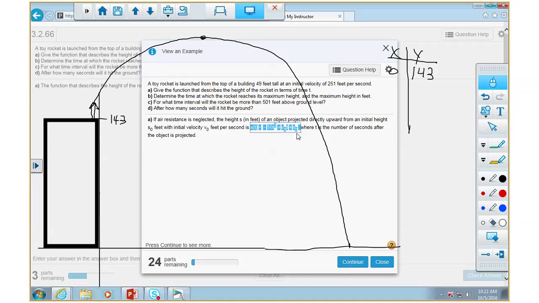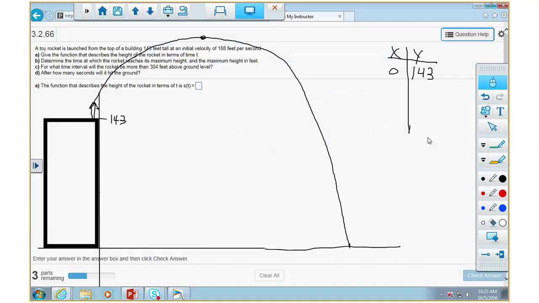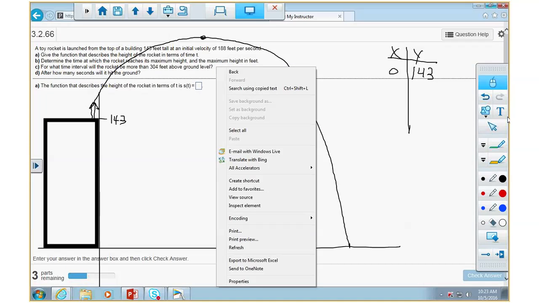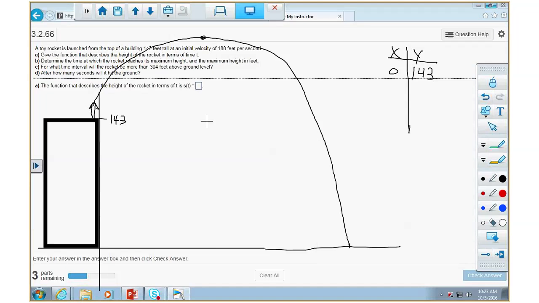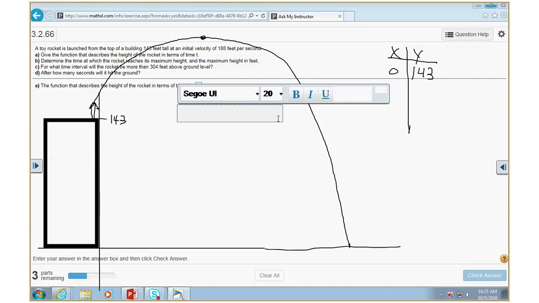So I'll copy it. I don't know if that'll copy or not, but I'll try. Copy. Close. Let me see if I can do this. This is like physics. Yep.